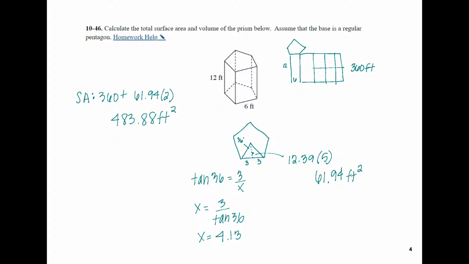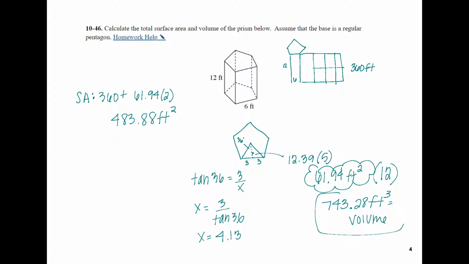For our volume, we're going to take the area of our base, multiply that times our height, which is 12 feet. So 61.94 times 12 gives us a volume of 743.28 cubic feet of our regular pentagonal prism.